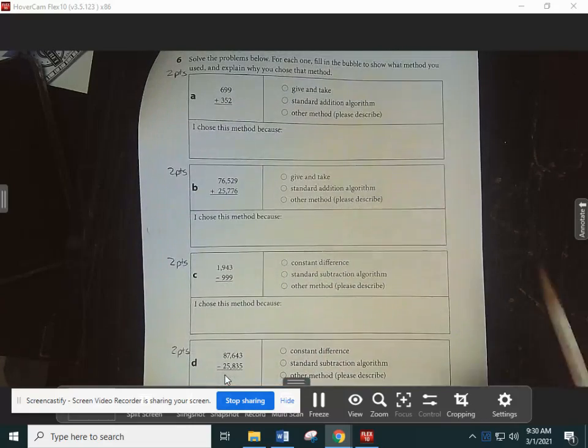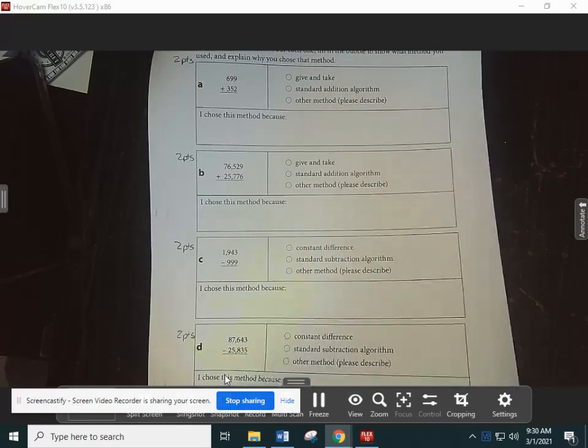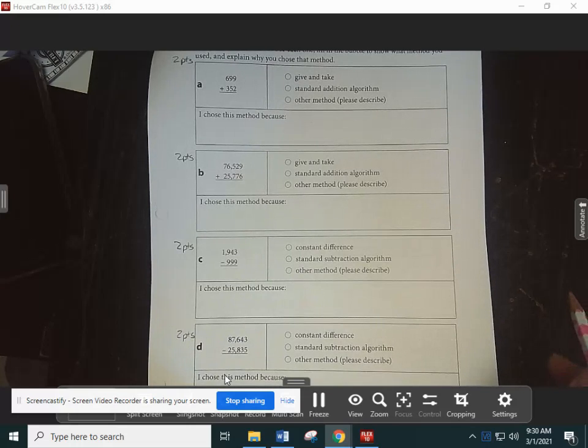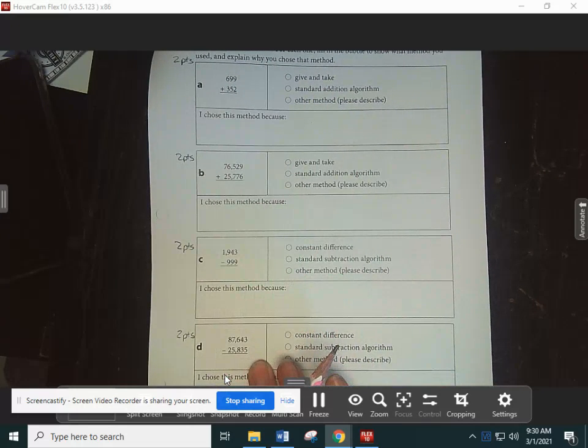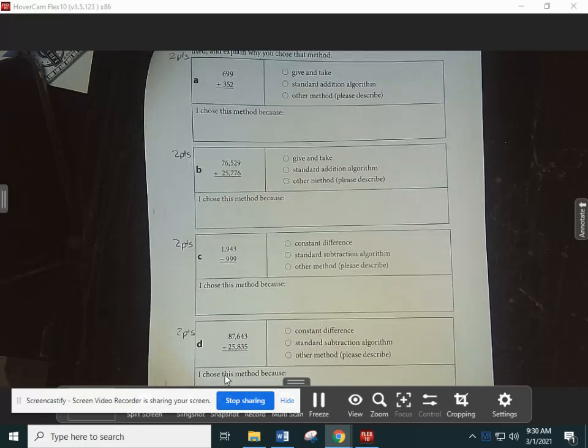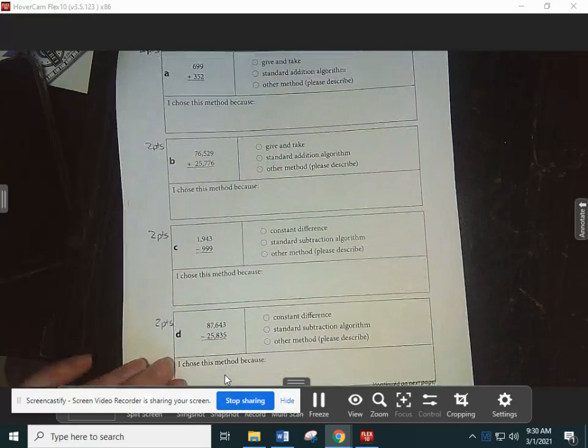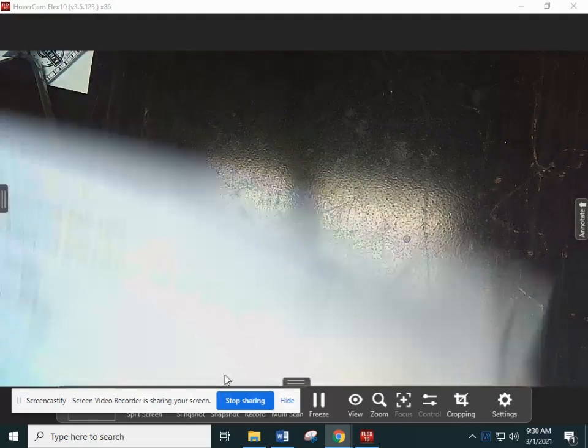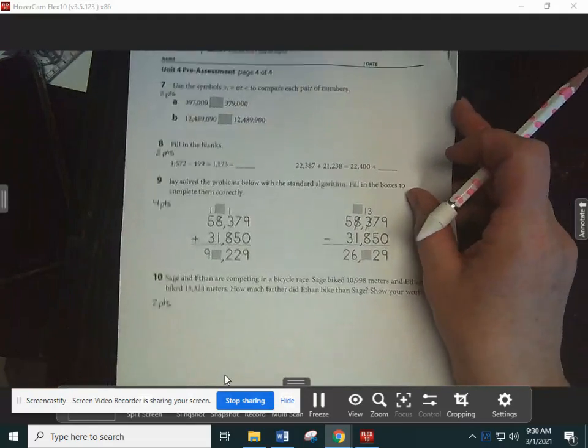For some of you, these different strategies will make a lot of sense. For some of you, it confuses you all the more. So again, do what you know you can do. If you need scrap paper because there just isn't a lot of room, you can get that. But by the end of this unit, you will know how to use the standard algorithm the way that your parents do. And then the very last page.